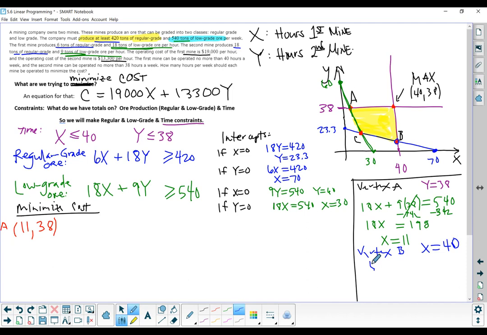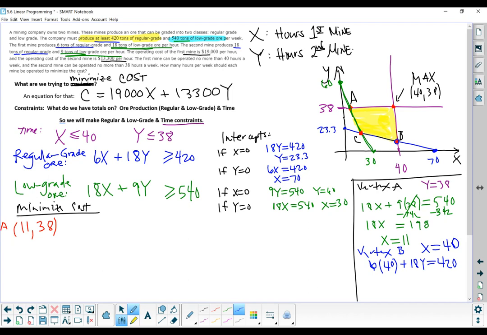So 6 times 40 plus 18y equals 420. So we're going to do a little subtraction and dividing. And so we get 18y equals 180.